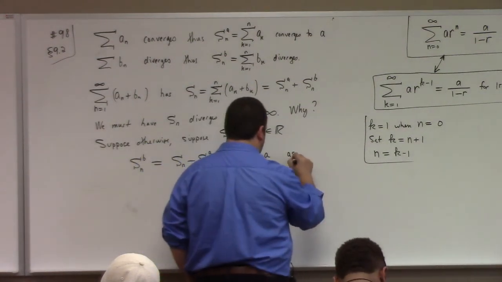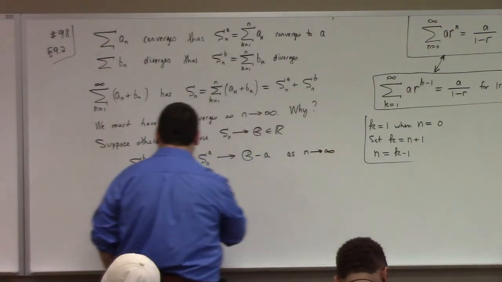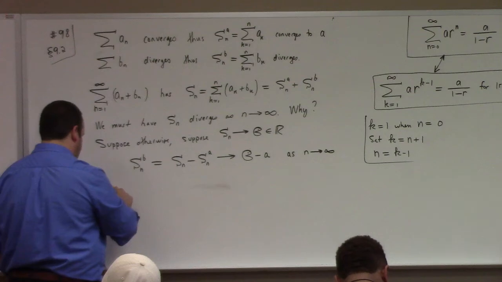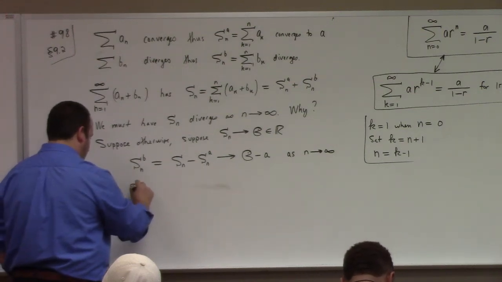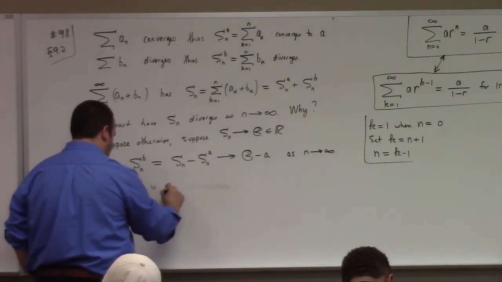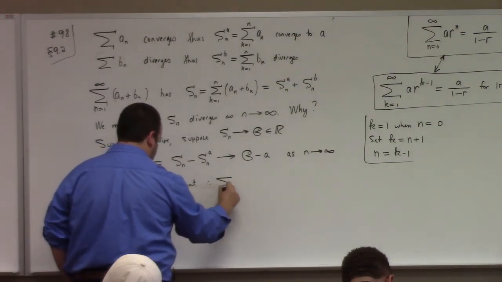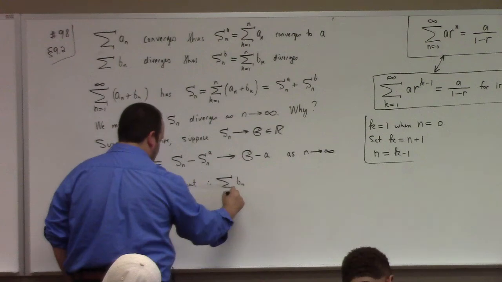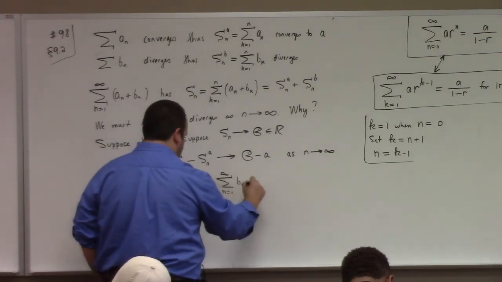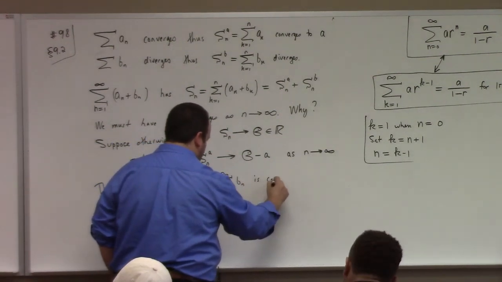What would that say? Thus, SNB is convergent. Therefore, the series formed with terms b sub n, n equals 1 to infinity, is convergent.